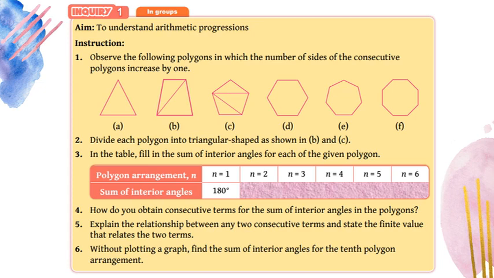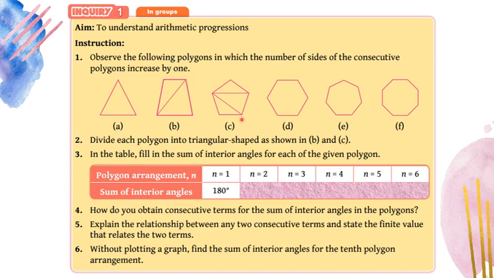First, you observe the following polygons in which the number of sides of the consecutive polygons increases by 1. This is a triangle, so the number of sides is 3. For B, this is a quadrilateral, so the number of sides is 4.